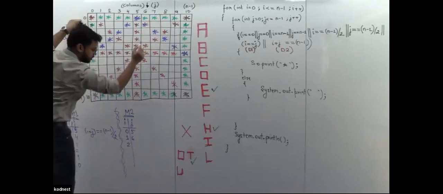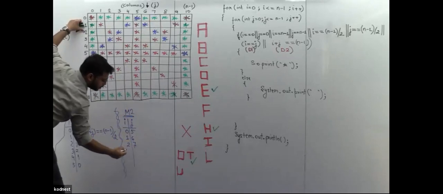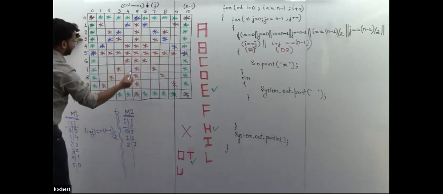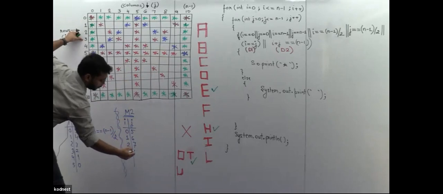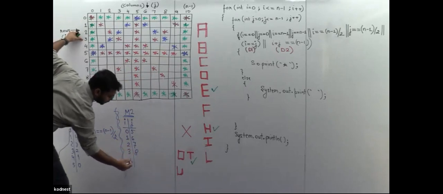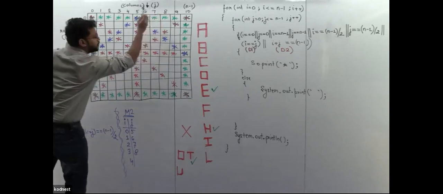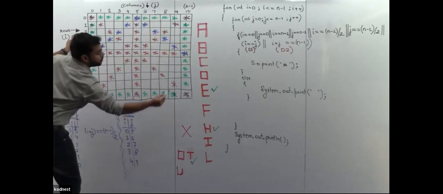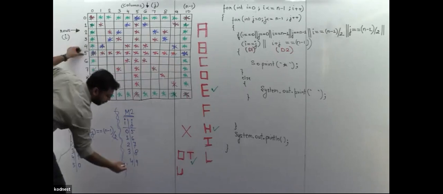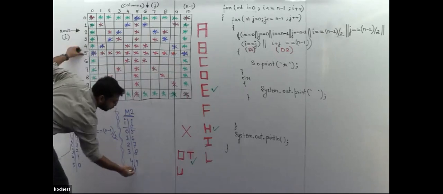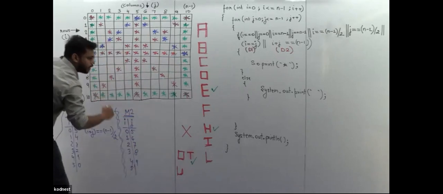What is the value of j? 7. Next, for this star, i is 3, and j is 8. Next, i is 4, and j is 9. And for the next star, i is 5. What is the value of j? 10 is the value of j.